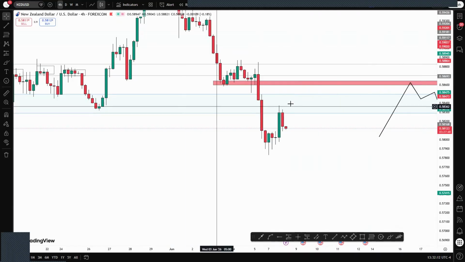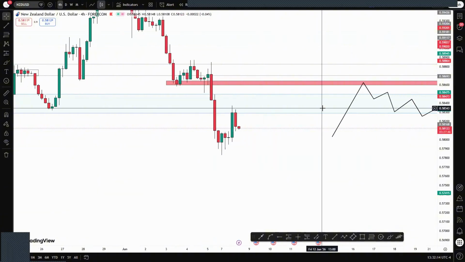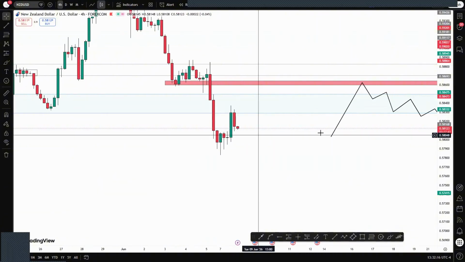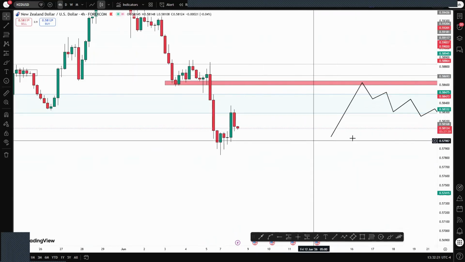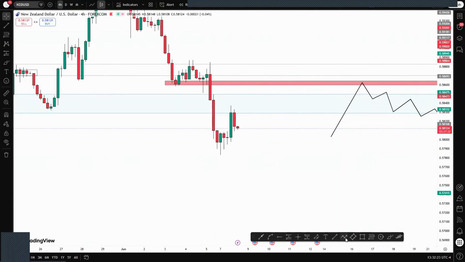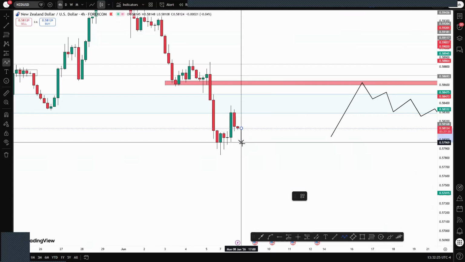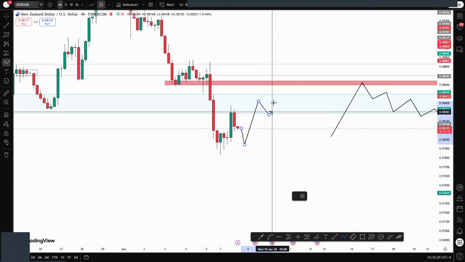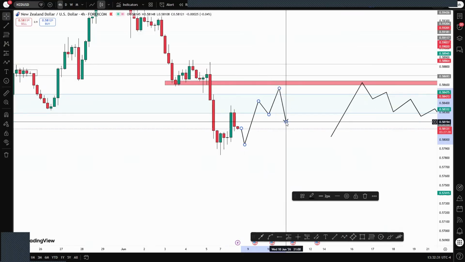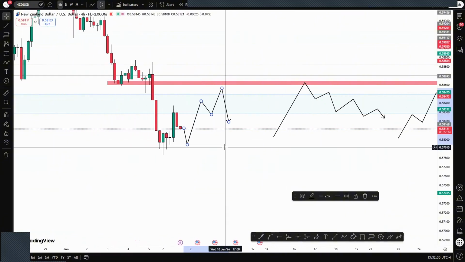So we need price to come back at this point and observe how price will react. There's still a higher chance that price might go bearish and then end up going bullish. Then we get the shift at this point. This might happen also.